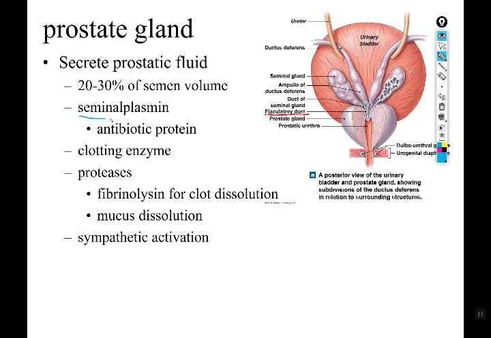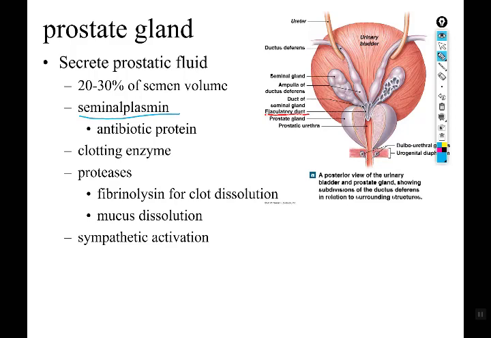One is seminal plasmin, and this is an antibiotic. So one thing you don't want is for your sperm quality to be compromised by bacteria. And bacteria love warm, dark, moist places. The interior of the reproductive tract of the male and the female both qualify as that. So it's unreasonable to suppose that it's a sterile environment. There are bacteria.